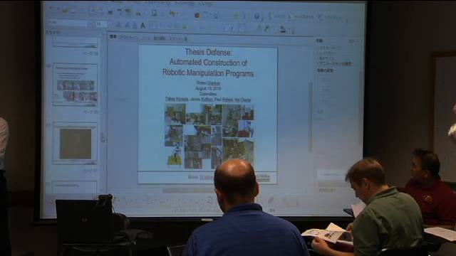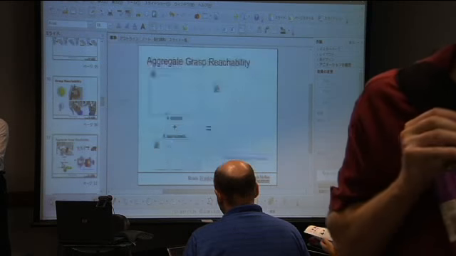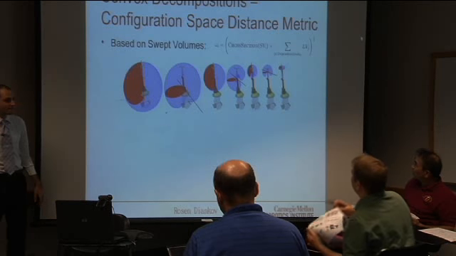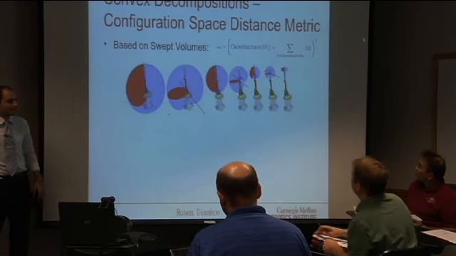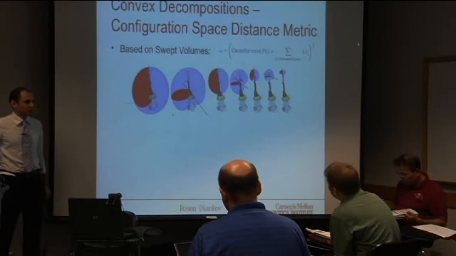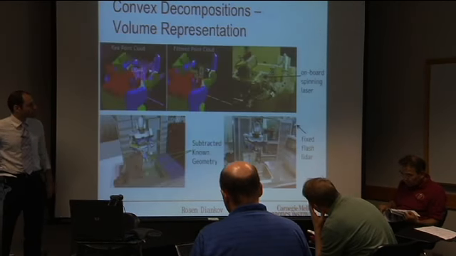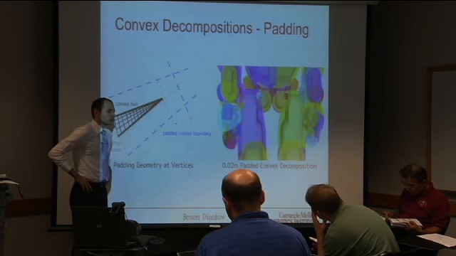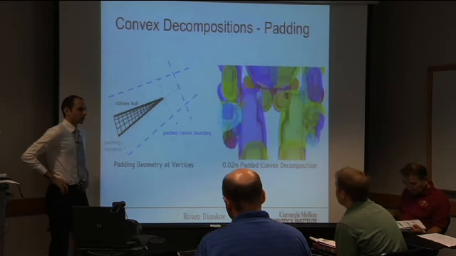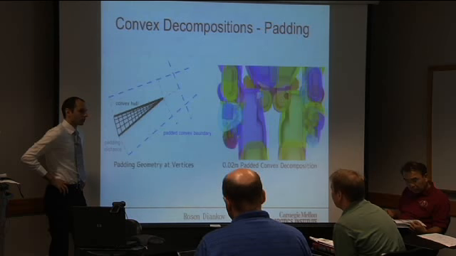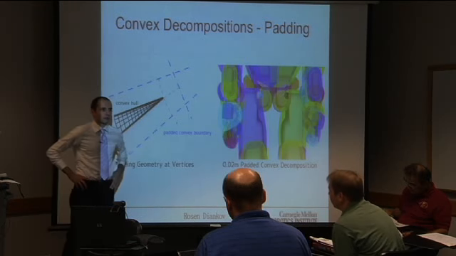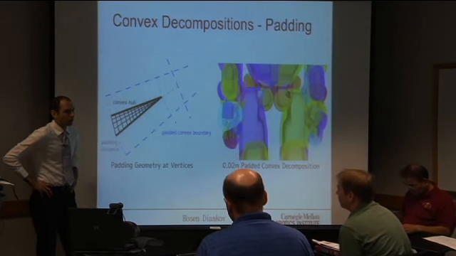But I was intrigued that you said it's useful for collision detection. How much of a difference does it make if you just take a CAD model and do motion planning versus using the convex hull? I know, probably you get an order of magnitude reduction in triangles.